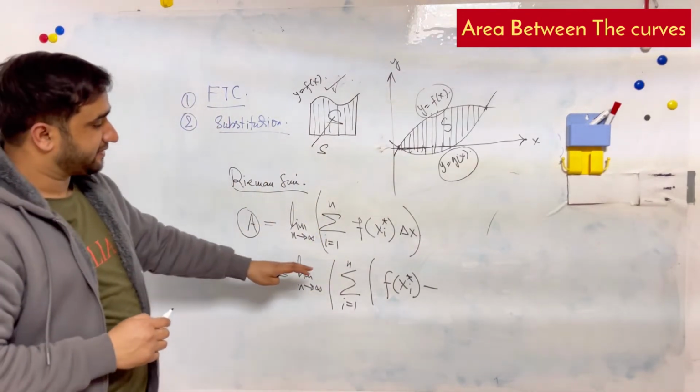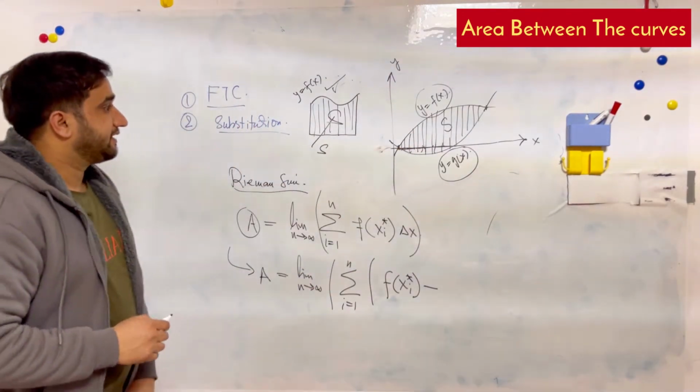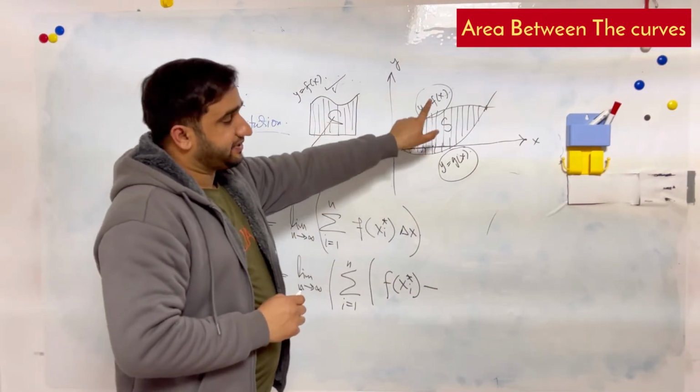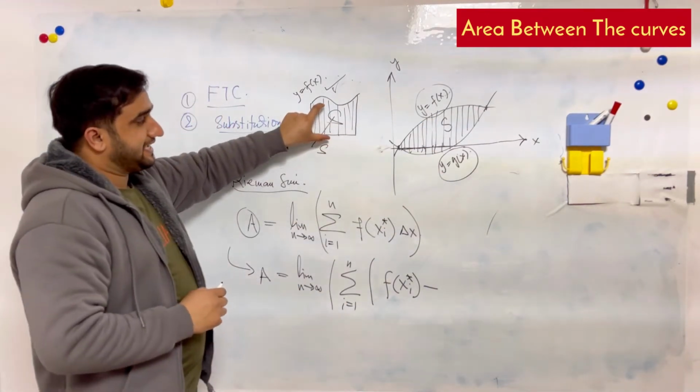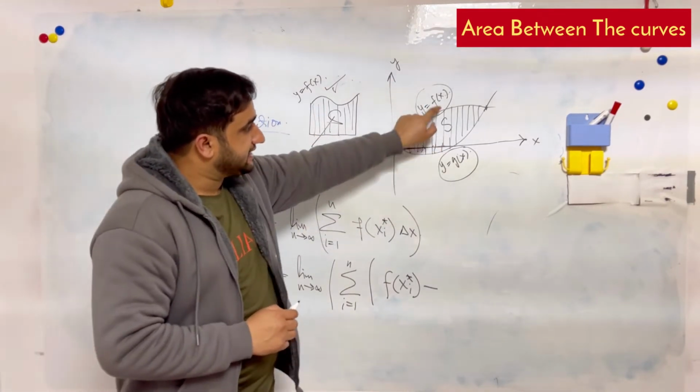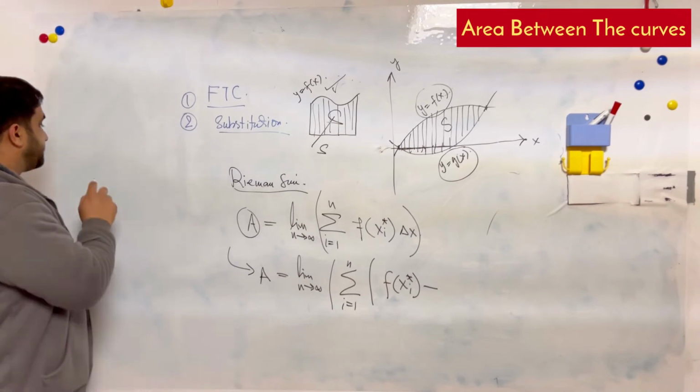I will write the proper definition later on for the area between the curves. This is for the area between the curves, and the earlier one was the area under the curve.